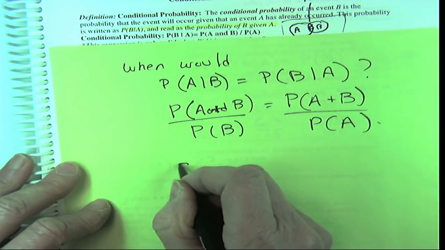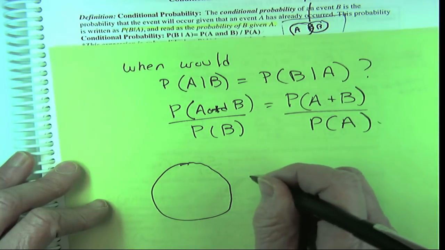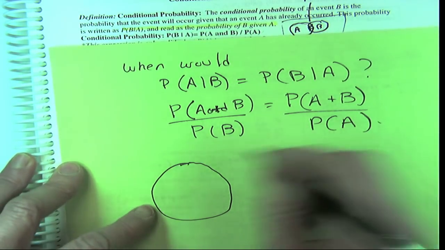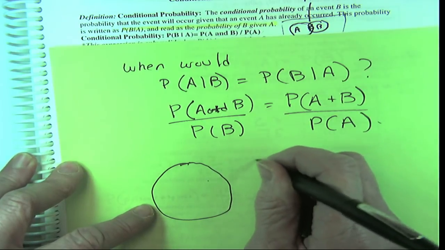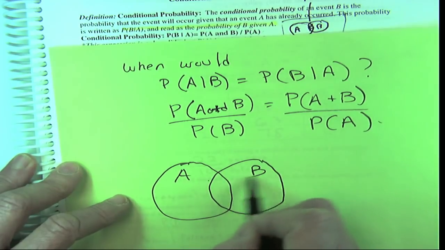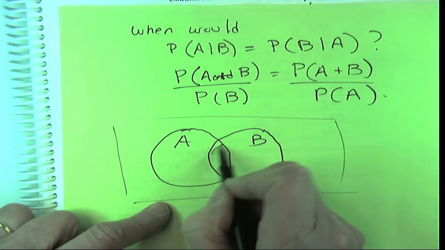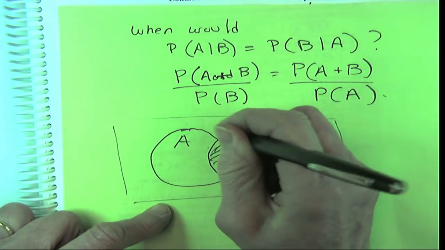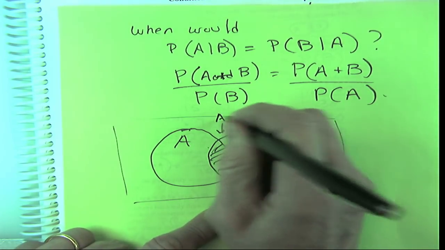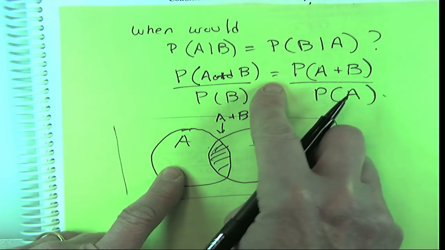Because look, you could draw it here. If the probability of B and the probability of A are the same, so if A and B are the same size within some larger sample space, then their intersection, this is A and B, is always going to be the same, right? That's A and B.